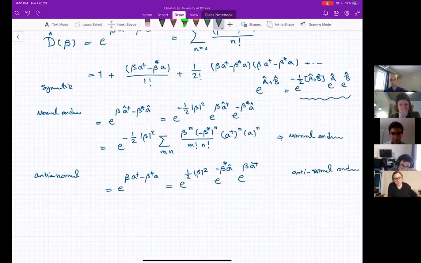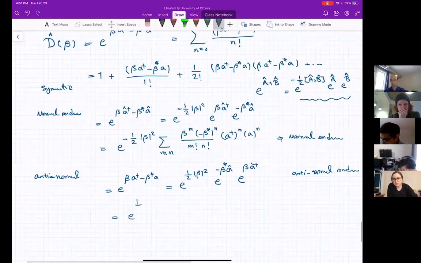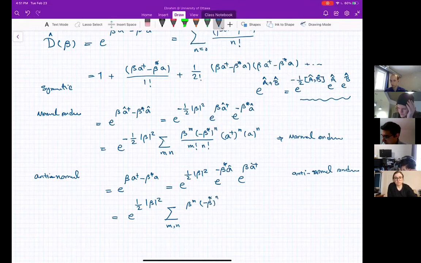Good. We can do the expansion. We get e^(1/2 β²), summation on m and n. I want to have the same indices, so it should be the same. β^m (−β*)^n divided by m factorial n factorial.